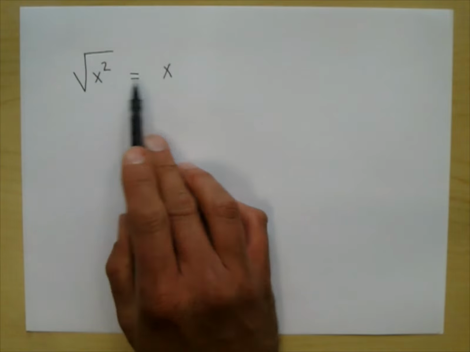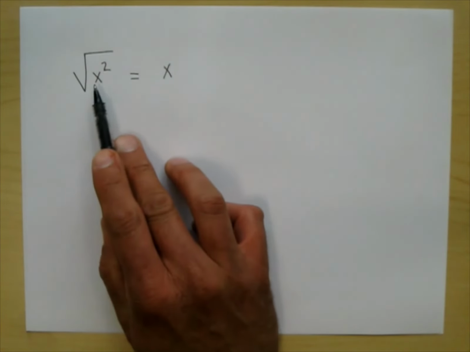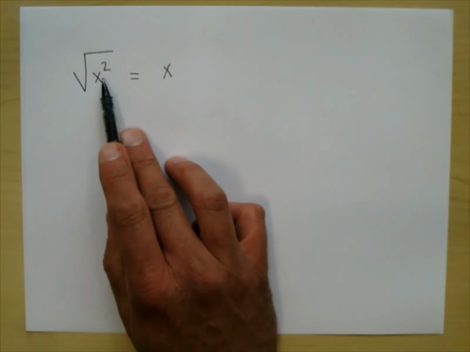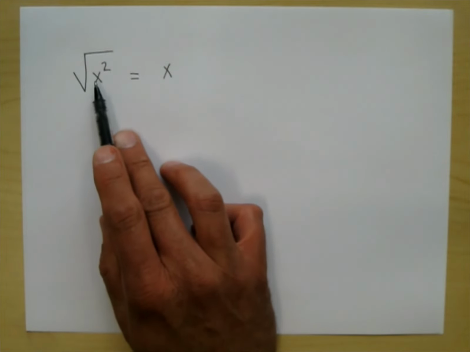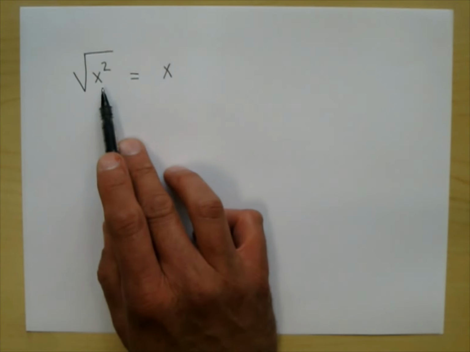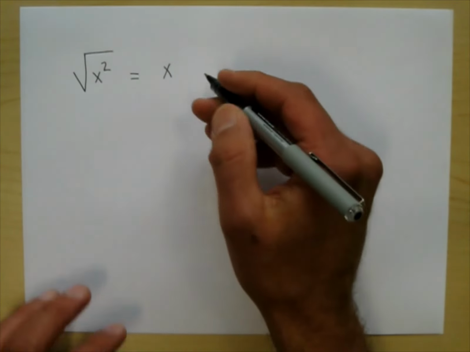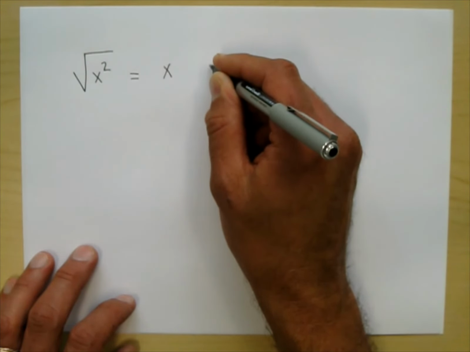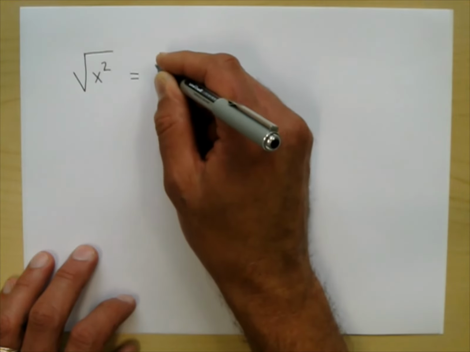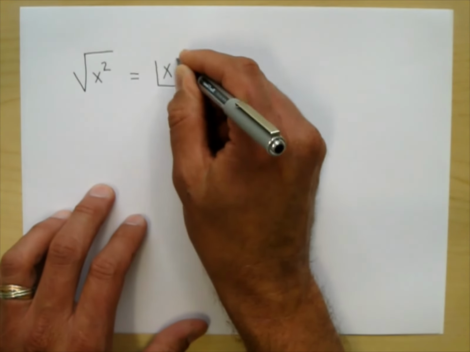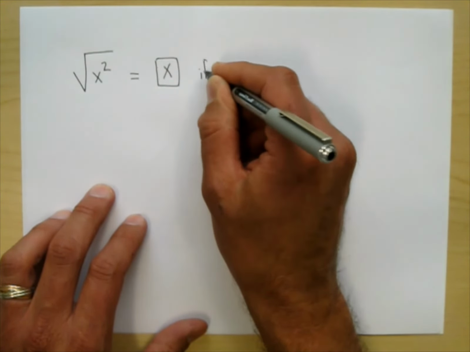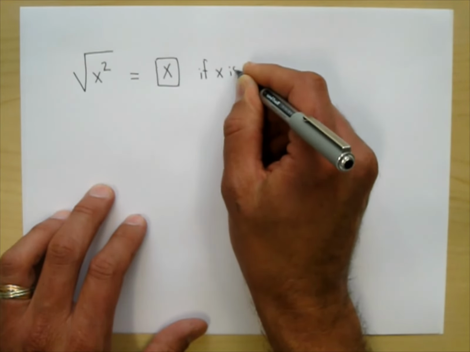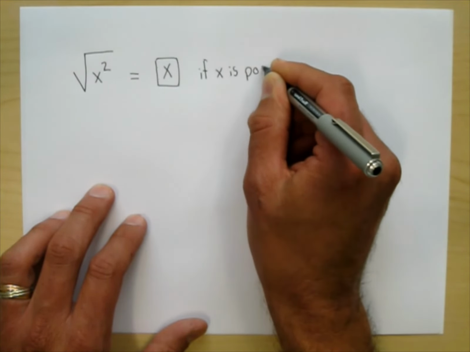You plug 5 in for x, you have a 5 on the right-hand side, and you have a 5 squared, which is 25. Square root of 25 is 5. 5 equals 5. But this works for x positive. So this is true, I guess we can box it, if x is positive.